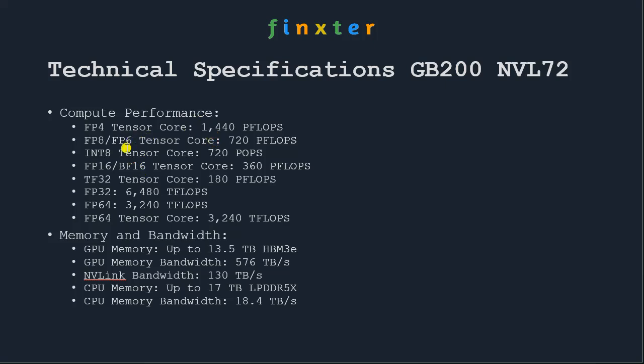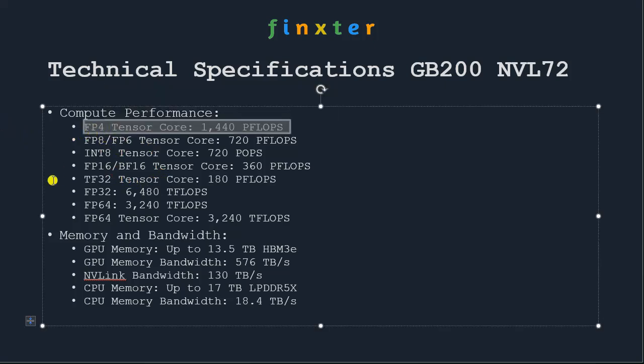So we have seen the trend of reducing the number of bits needed to encode each weight of a matrix, and that's why the GB200 also provides lower-bit training architectures, right? For instance, FP4, which was not included in the previous H100 or H200 GPUs, if I remember correctly.